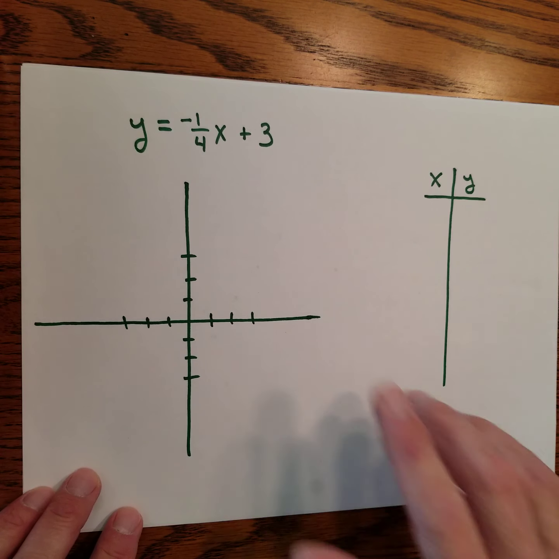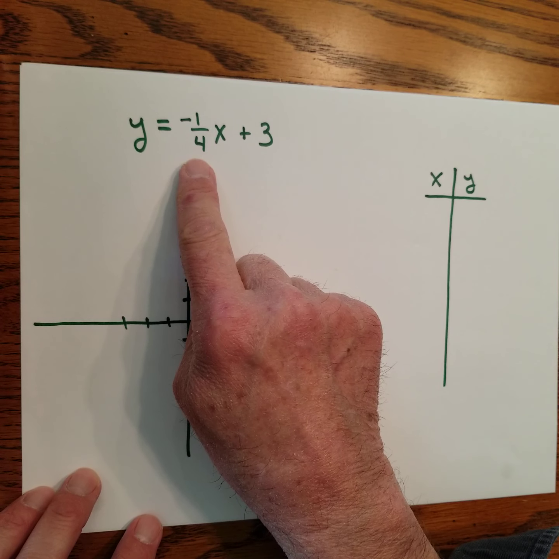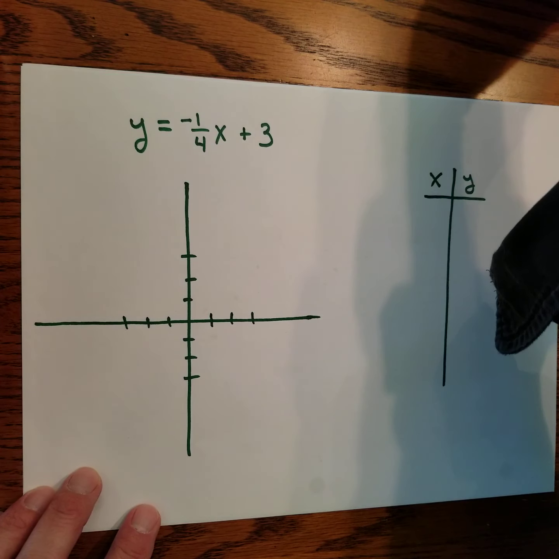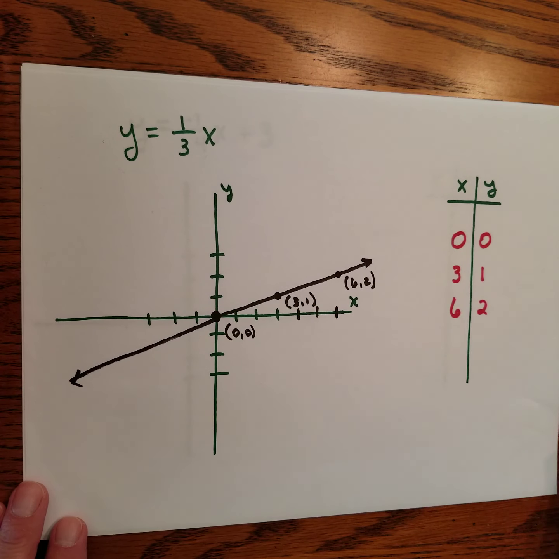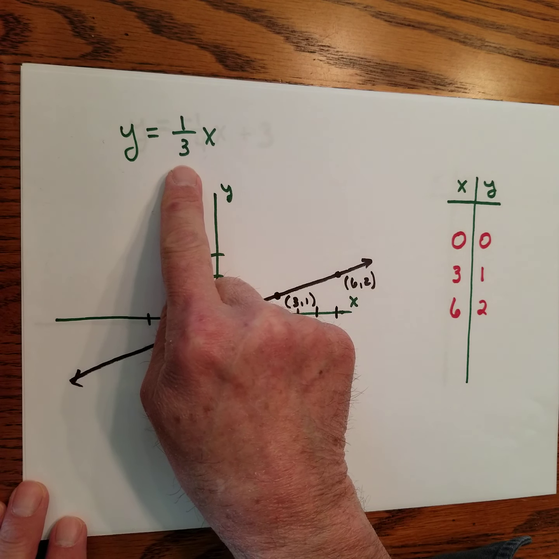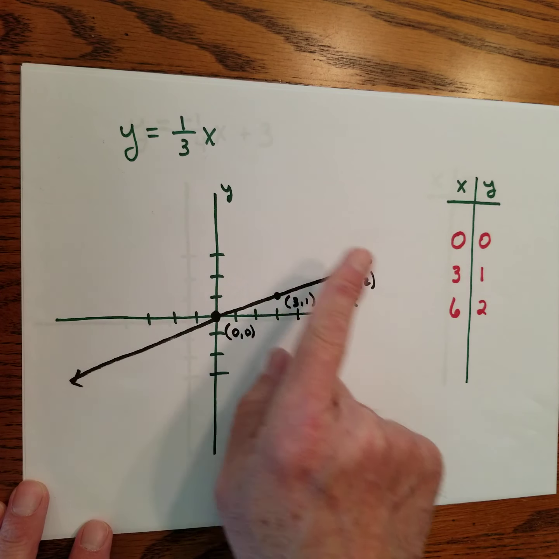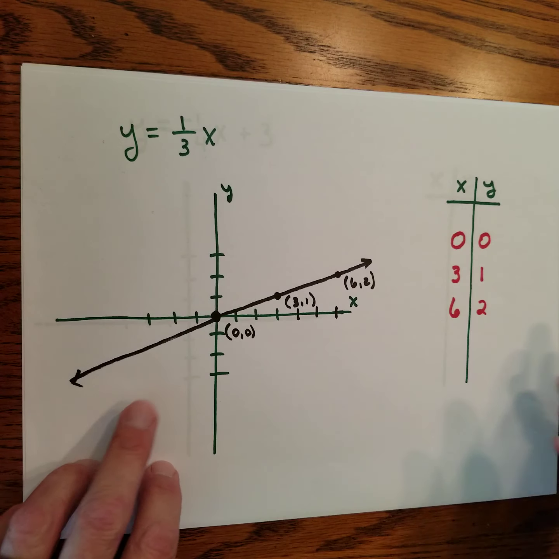Here's one more example where the coefficient of x is a fraction. When this is a fraction, I don't use 0, 1, and 2. Let's remind ourselves what we did on the previous example. When this was a fraction and the denominator was 3, I counted by 3's. I went 0, plus 3 is 3, plus 3 is 6.